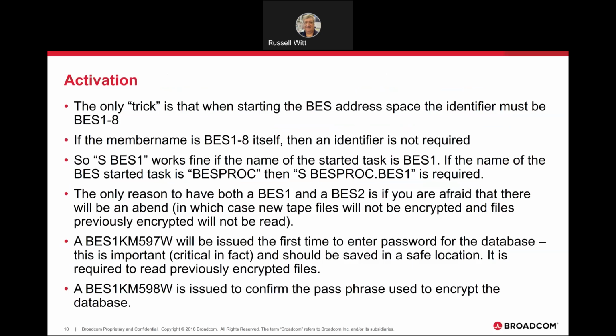Now, the only reason you would have both a BES 1 and a BES 2 is if you are afraid there might be an abend, in which case new tape files will not be encrypted and files previously encrypted will not be read. So if BES 1 and BES 2 are both active and BES 1 abends, BES 2 will pick up and perform any requested compression and decompression services.